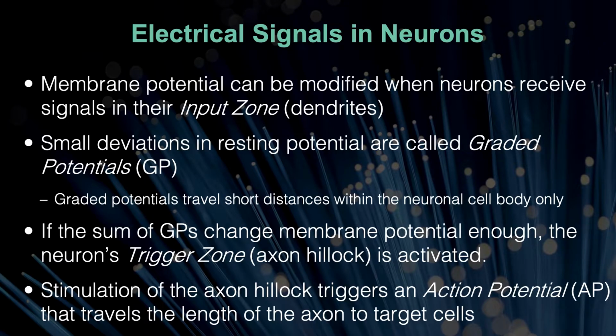It sends a signal. When the signal is activated, the signal propagates all the way down the axon and it doesn't lose strength. The signal goes to completion through the rest of the neuron. If the axon hillock is stimulated, that signal is called an action potential.